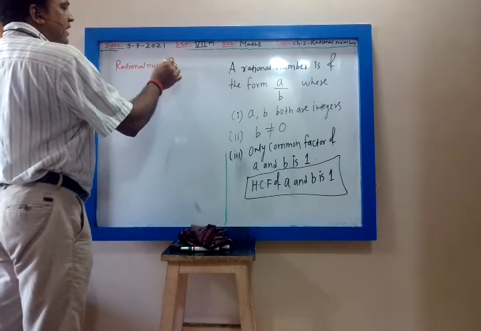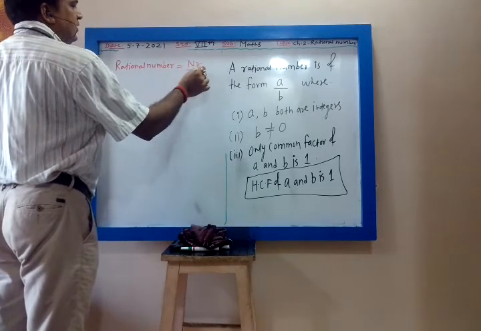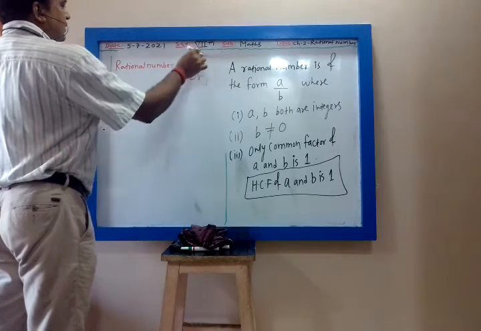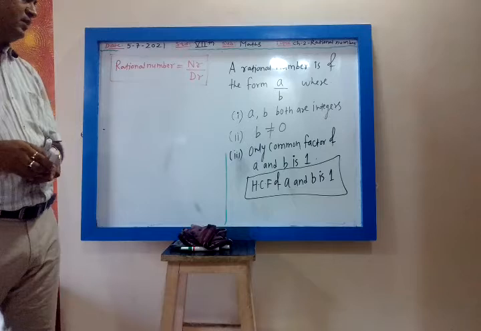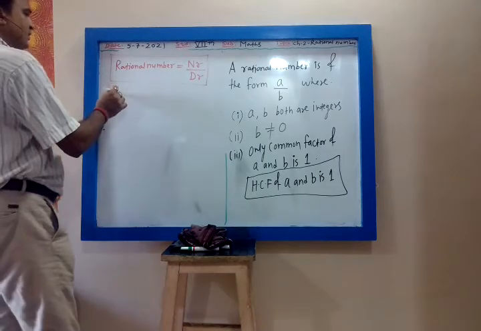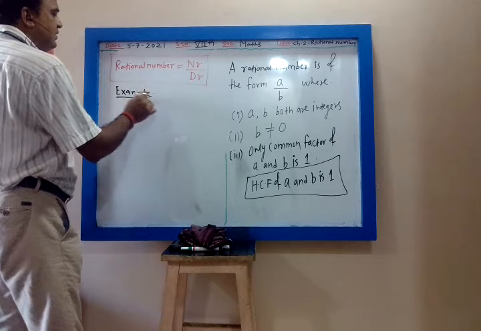Any rational number will have numerator upon denominator, so we can take examples of rational numbers.